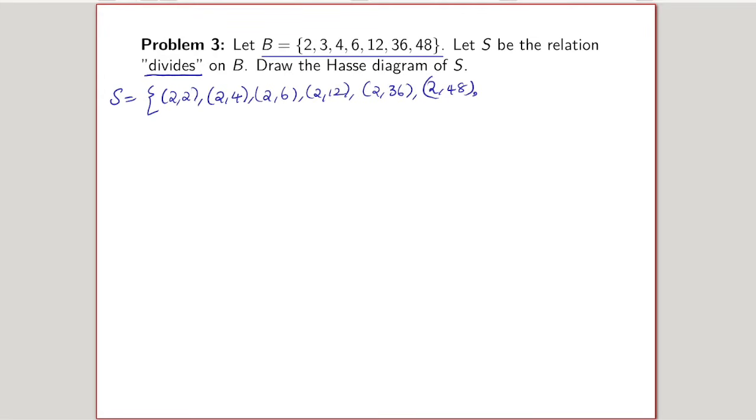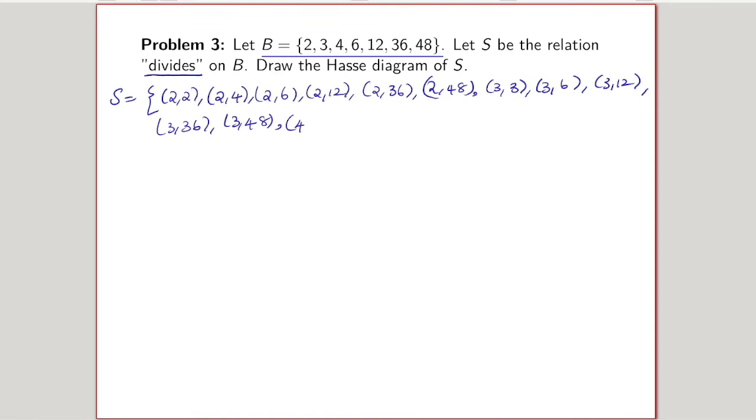Similarly, 3 doesn't divide 2, we should not write that part also. 3 divides 3, we can write it. 3 doesn't divide 4, so the (3, 4) entry we should not include here. So next one will be (3, 6), (3, 12), then (3, 36), (3, 48).